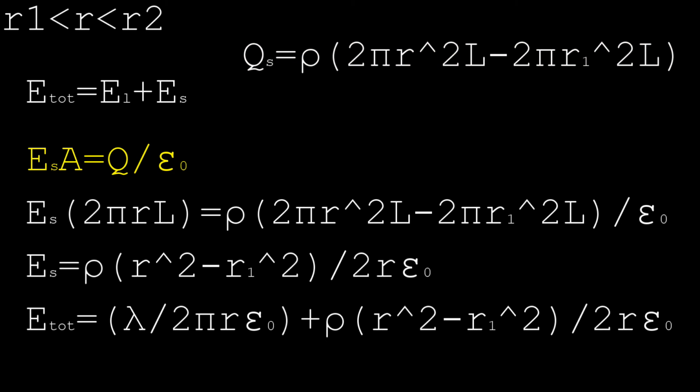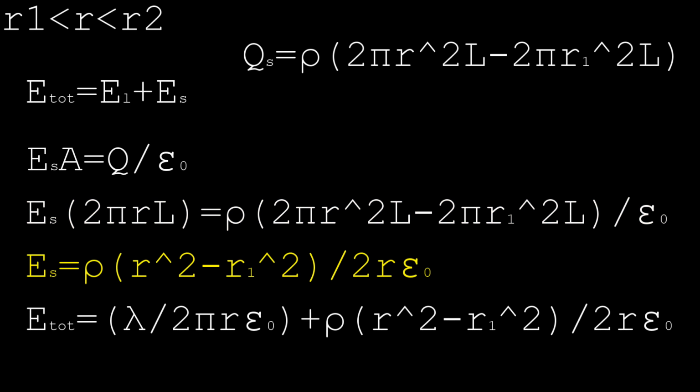Just as before, we have EA equals Q over epsilon naught, the standard form of Gauss's law. If we plug it in, we'll have E_S times 2 pi rL equals rho times 2 pi r squared L minus 2 pi r1 squared L, divided by epsilon naught.